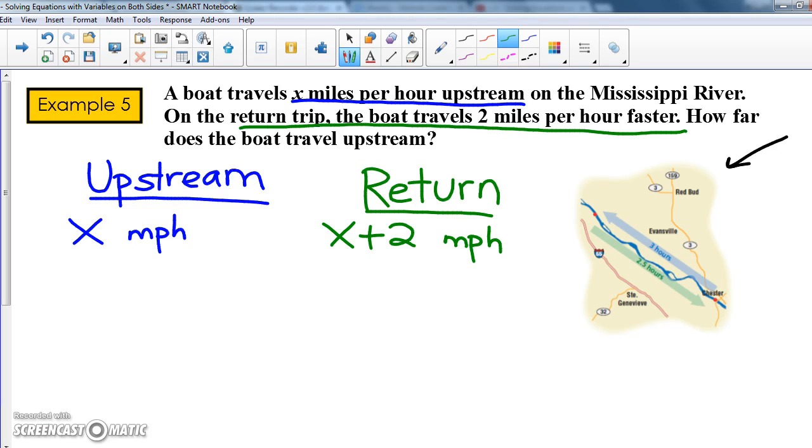Okay, that takes care of the words. Let's look at the graphic over here. It says that it's going to take 3 hours to go upstream. 3 hours. And it says that it's going to take 2.5 hours to go downstream or the return trip.